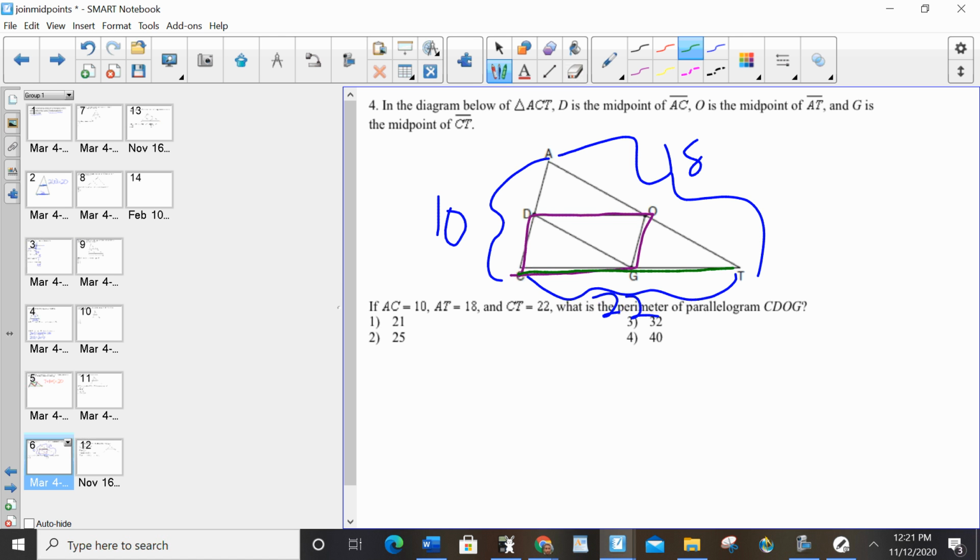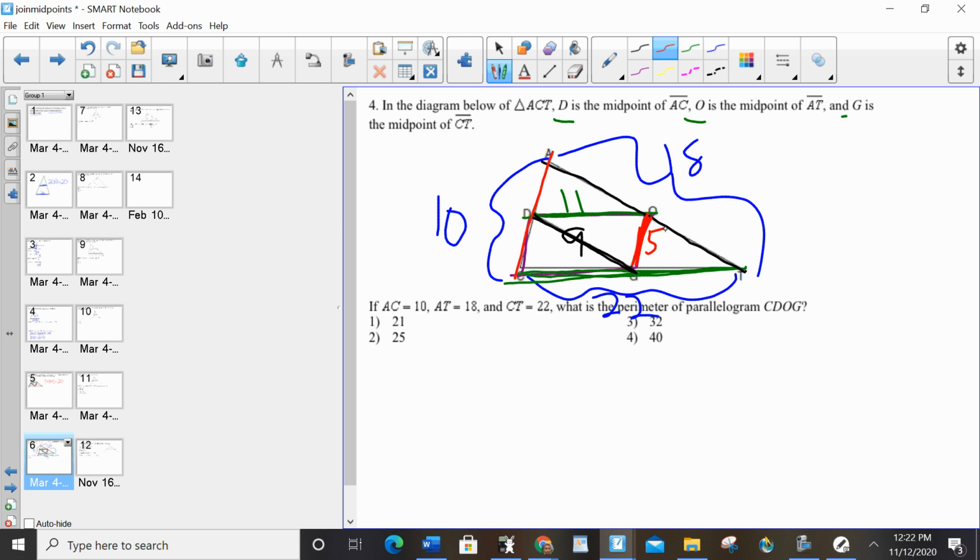If this is 22, and it says that these are all midpoints, that means that DO is half of 22, which is 11. If AT is 18, this midsegment is half of that, which is 9. And finally, this midsegment must be half of this side, which makes it 5.